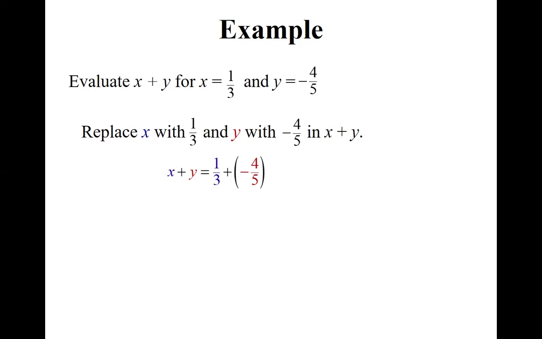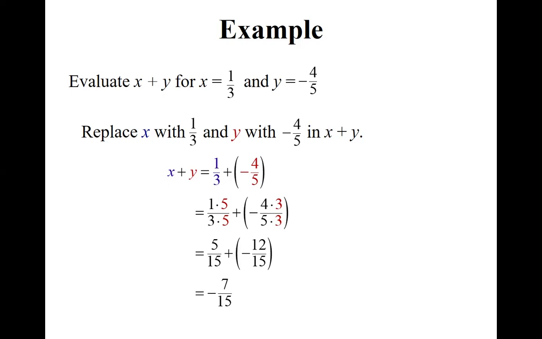That's going to be 15. Multiply the 1/3 by 5/5. Multiply the -4/5 by 3/3. That gives us 5/15 plus -12/15. 5 plus -12 is -7. So -7/15.